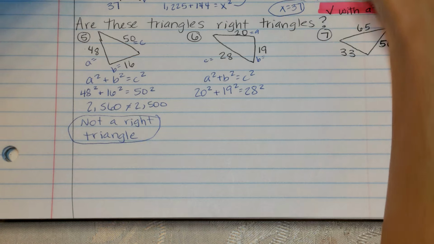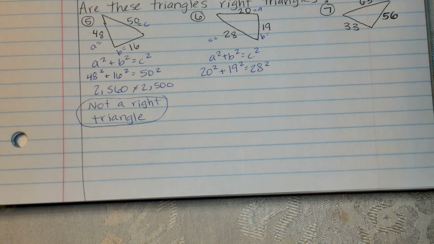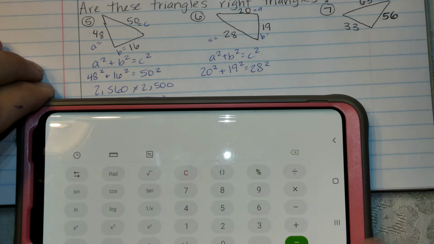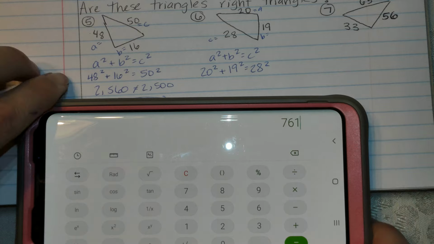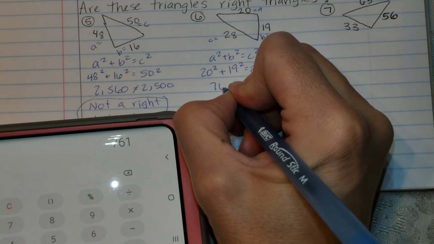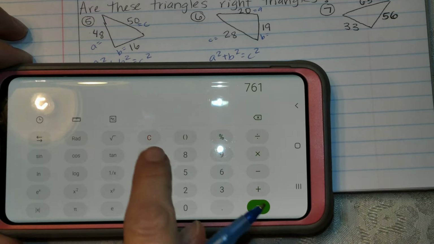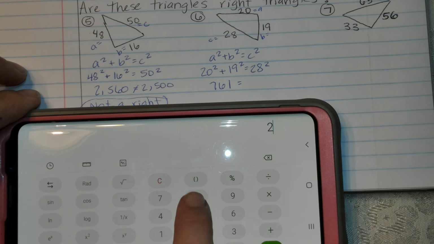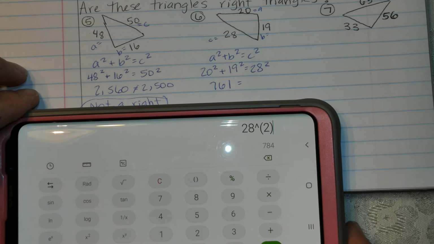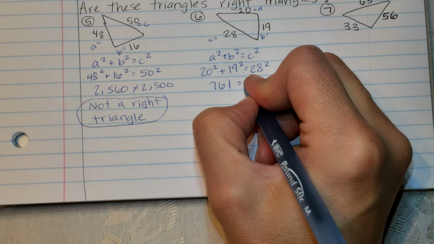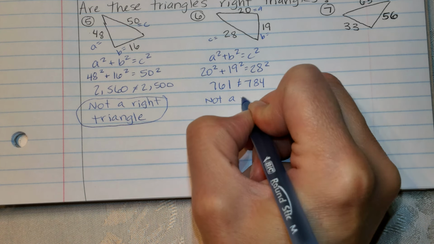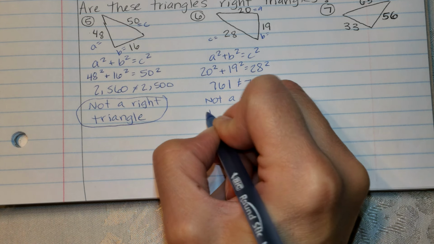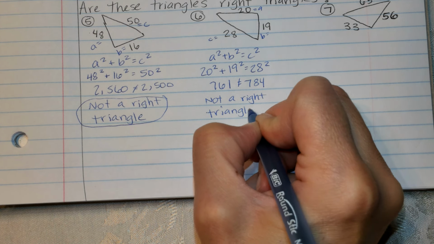So again, I'm checking on my calculator to see if it works out. 20 squared plus 19 squared, I get 761. Now I'm checking, does that equal 28 squared? 784. It doesn't come out to be the same. So that is not equal. Not a right triangle.